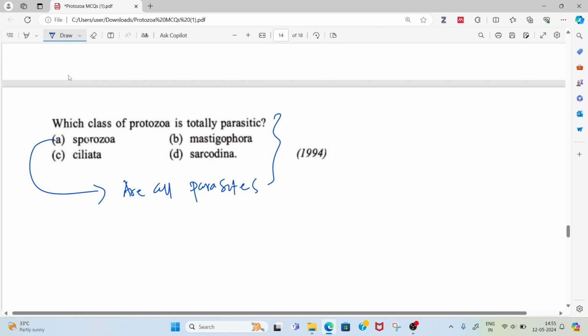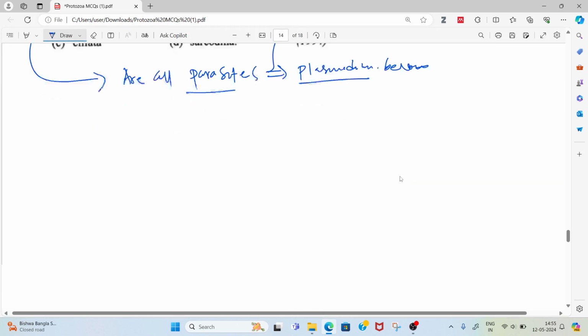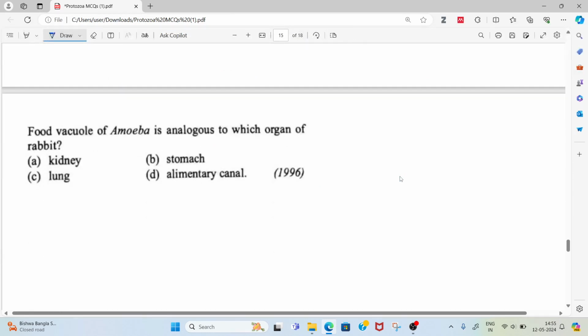Plasmodium and others belong to this class. So the correct answer is Sporozoa.